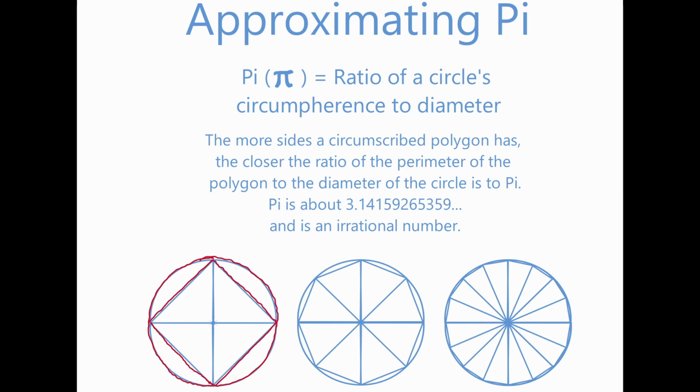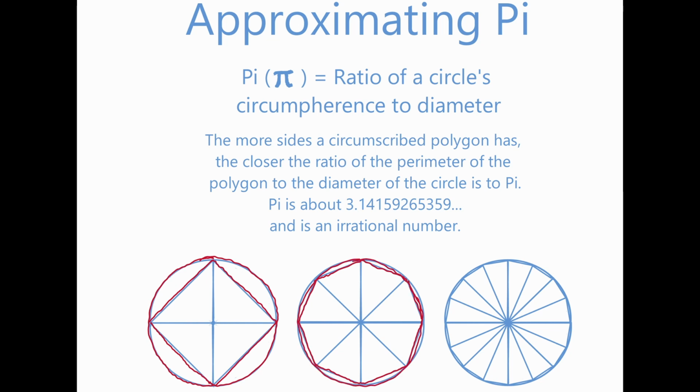There's a little bit of a difference. But if I double the number of sides and have an octagon circumscribed into the circle, I can see that if I take the perimeter of this polygon, it's getting closer in value to the circumference of the circle.